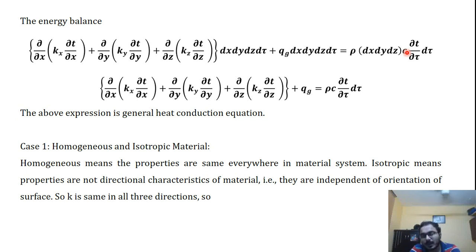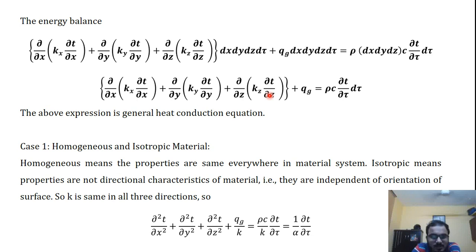Whenever we apply the homogeneous and isotropic material condition, the value of K will be the same in all three directions. In such a case, we don't need to write separate Kx, Ky and Kz. We can simply write a common K for homogeneous and isotropic material. So this will reduce this equation.